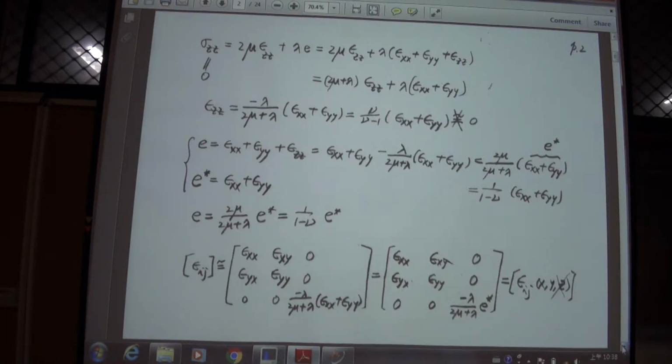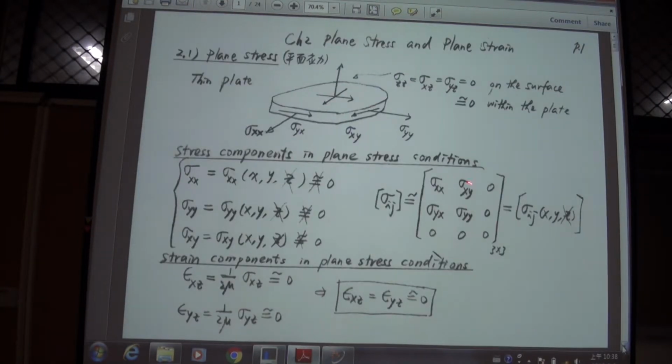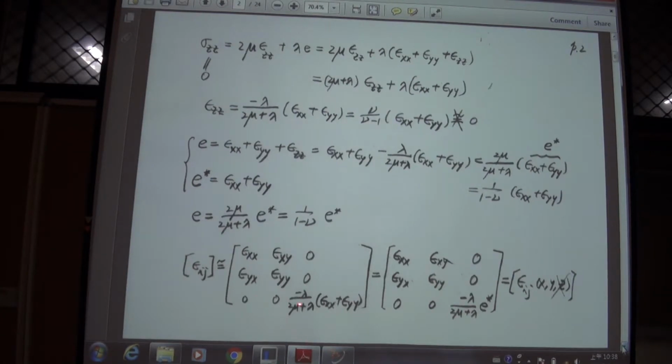This one is a little bit different from the stress matrix. See, in the stress matrix, all these components along the edges are 0. But for the strain matrix, only these 2 and these 2 components are 0.